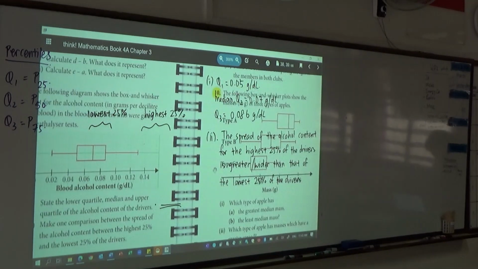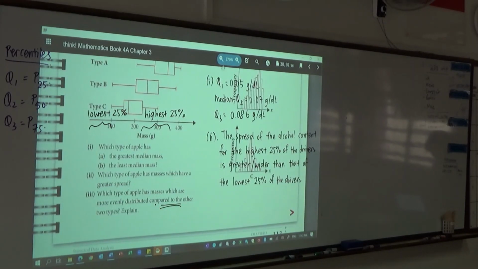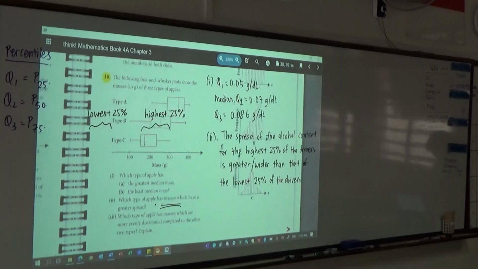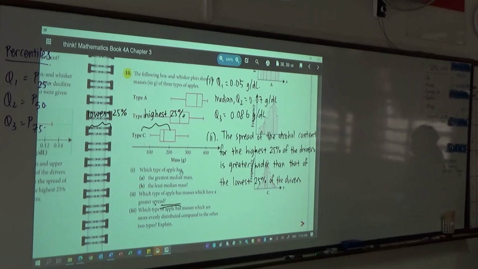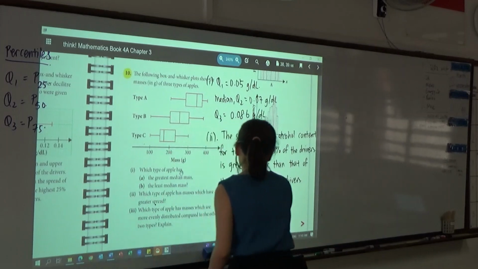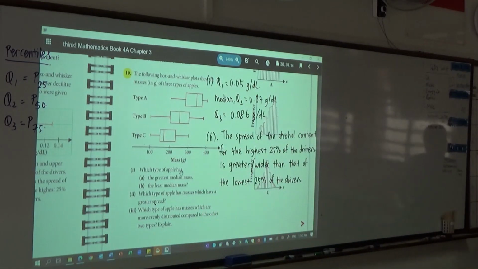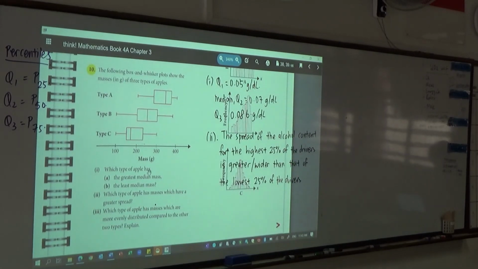Of your box and whisker plot, look at question 10. Okay, no need for any explanation for question 10. Okay, we just need to be able to see from the box and whisker plot and answer the question. Okay, so in question 10 it says that there are 3 different box and whisker plots that shows the masses of 3 types of apples.